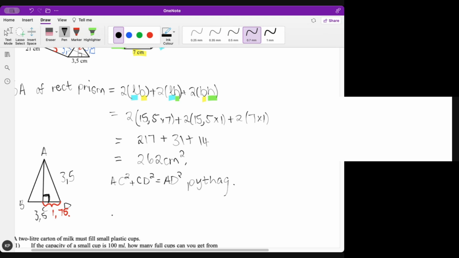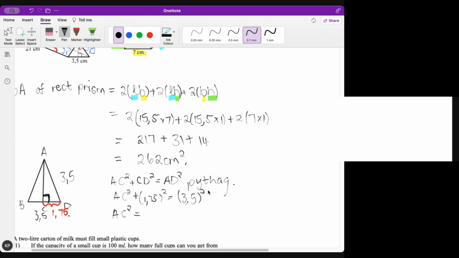Great. AC is what we're looking for, so I'm just going to leave it as AC squared. We know CD is 1,75. And we know AD is 3,5 squared. So then AC squared is equal to what?